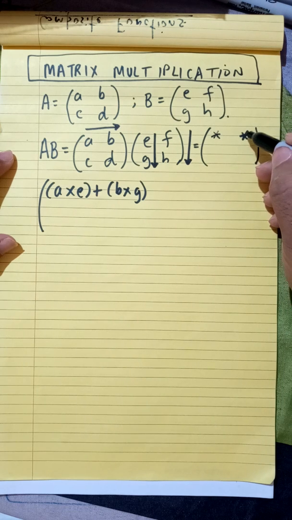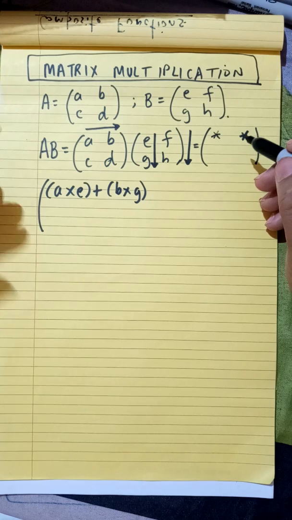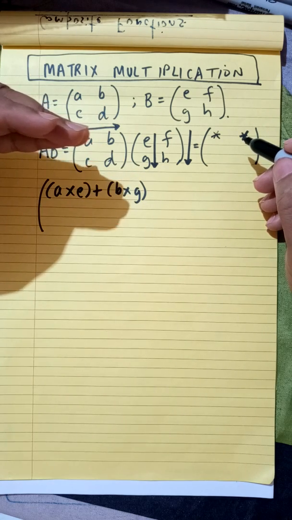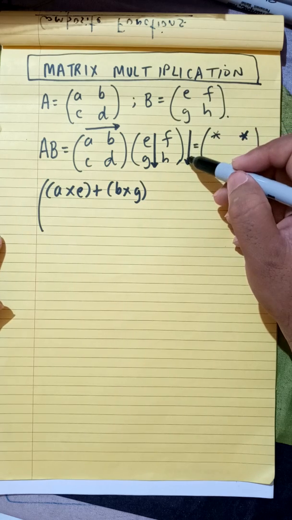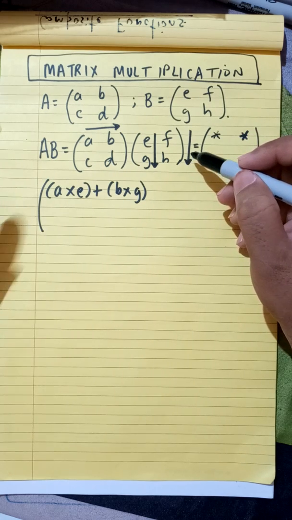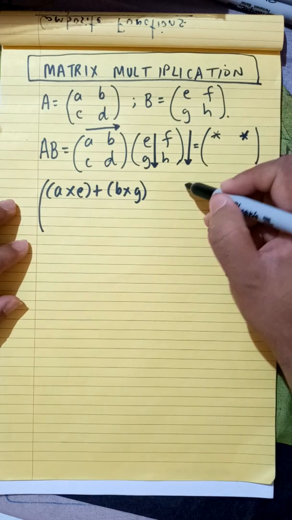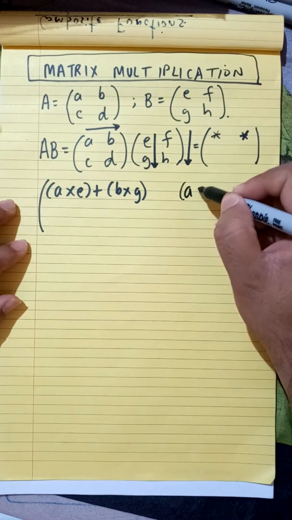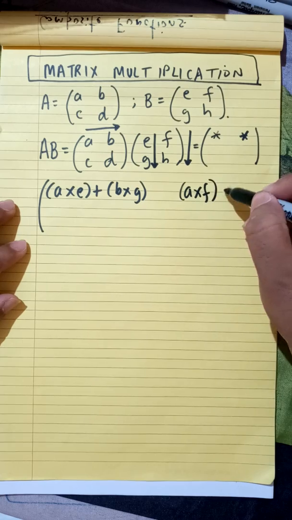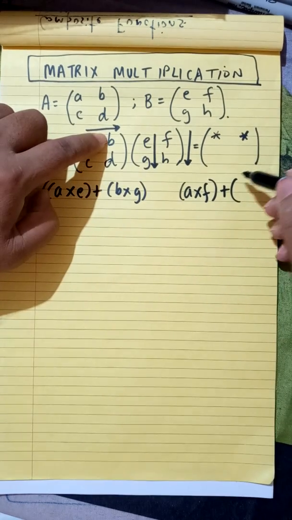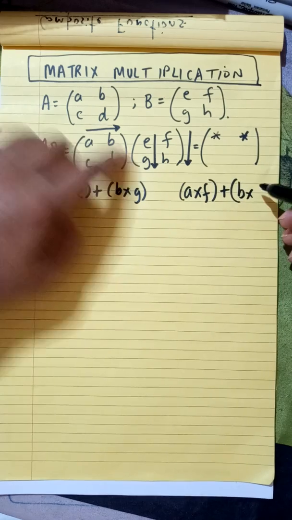And to get the second element in this matrix here, we're still going to use the first row of the first matrix, but the second column of the second matrix. So it's going to be A multiplied by F plus B multiplied by H.